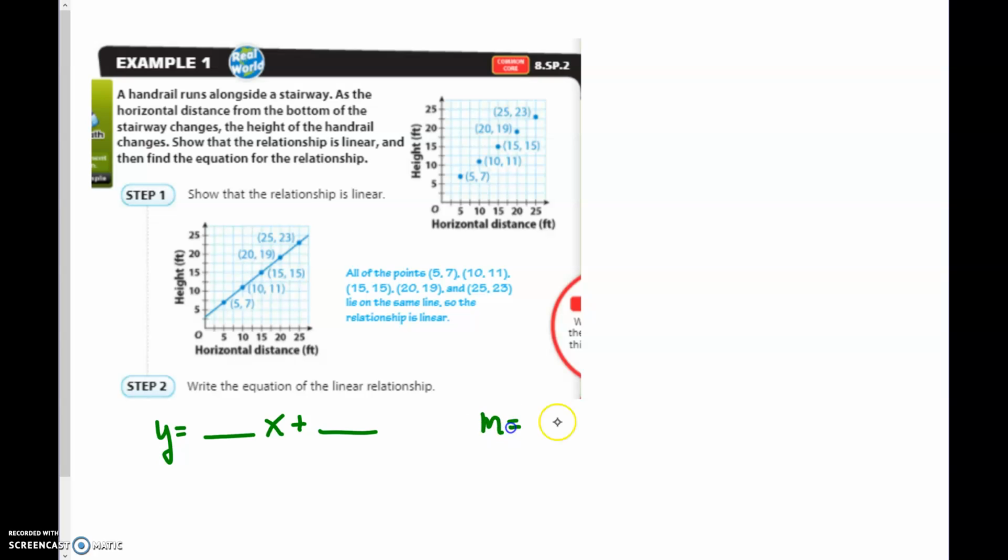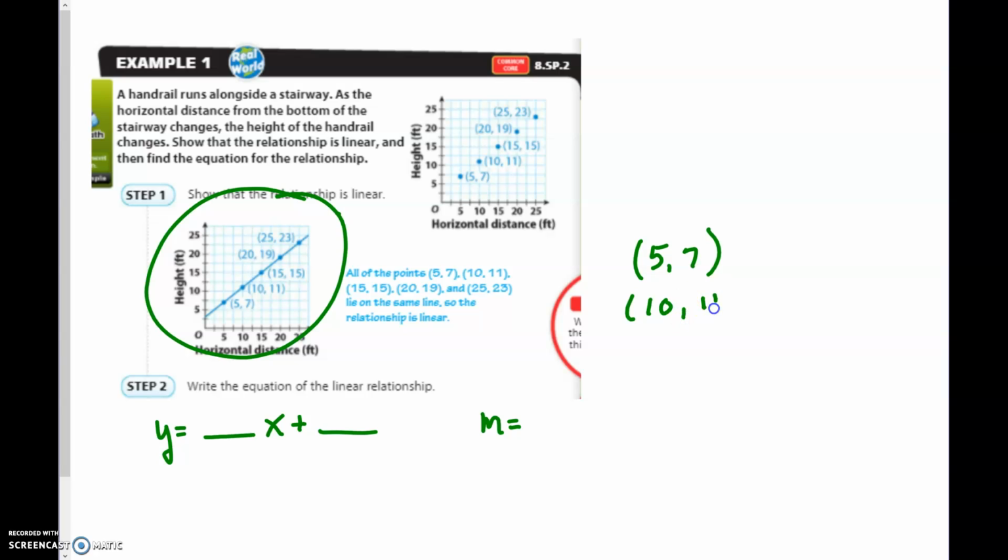So to do slope, I need two ordered pairs. And I'm going to pick any two off of this chart. Any two they tell me will work. I'm just going to pick the first two, 5, 7, and then 10, 11, because they give me smaller numbers. So remember, slope is change in y over change in x.